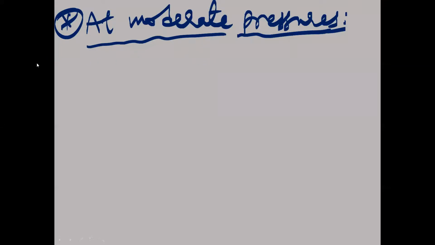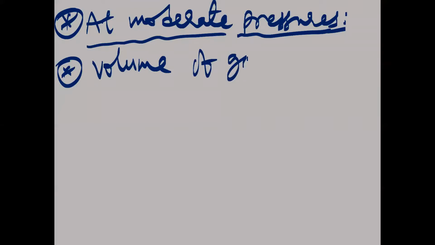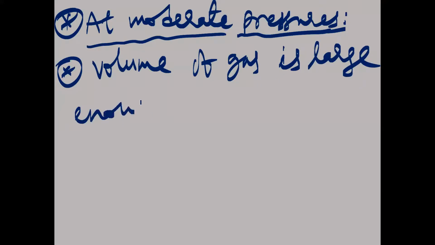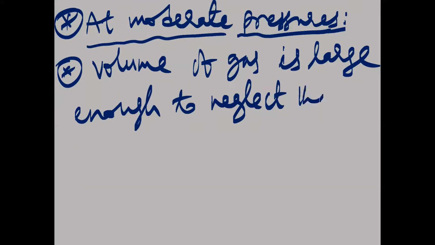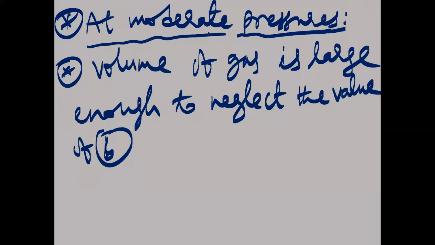At moderate pressures, what we have to understand is that the volume of gas is large enough to neglect the value of B. So the B value can be neglected at moderate pressure.